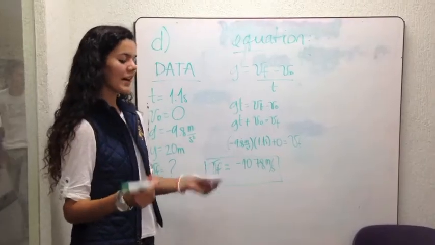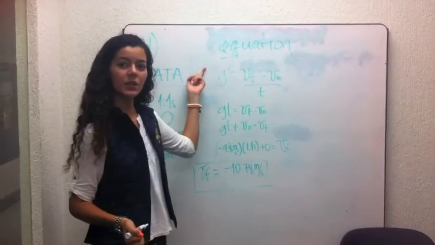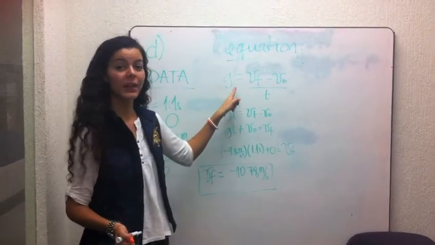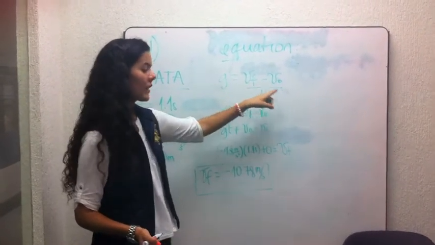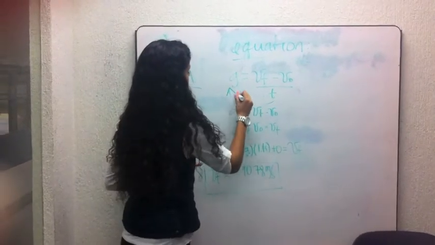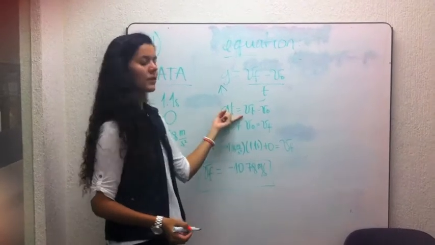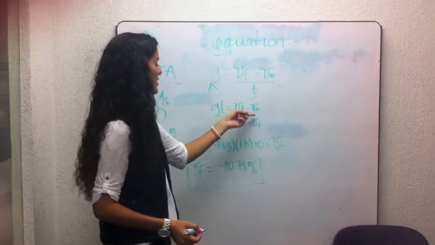Okay, so now we have to calculate the velocity of the book after 1.1 seconds. The equation we're going to use is gravity equals final velocity minus initial velocity over time. Then we pass the time to the other side, multiplying gravity, so it's gravity times time equal to final velocity minus initial velocity.